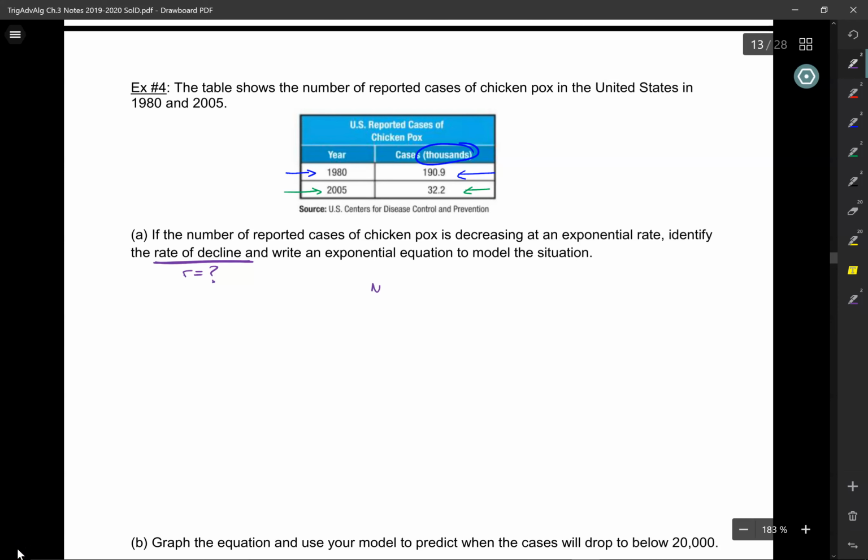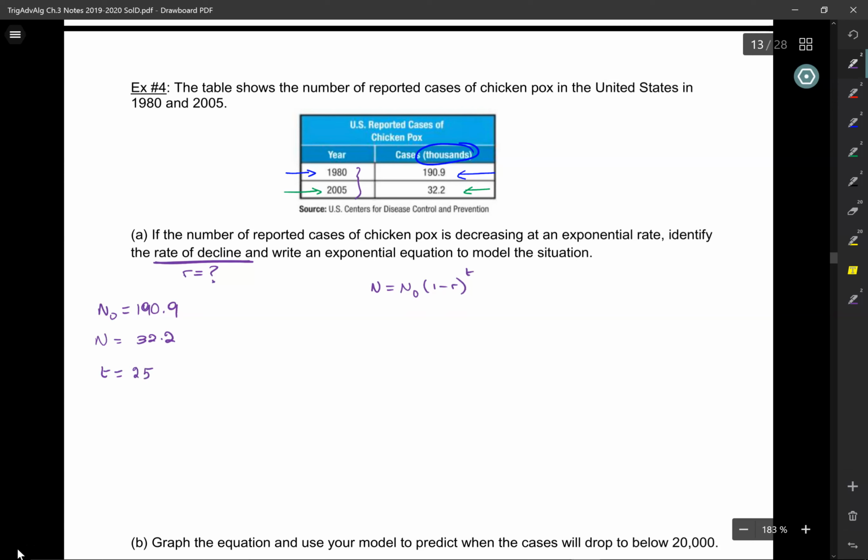What we're going to use is N equals N naught, 1 minus r to the power of t. Right? So N is the final amount. In this case, look at what we have. N naught, the initial amount, is 190.9. The final amount is 32.2. And how much is t? How much time has passed? 25 years.